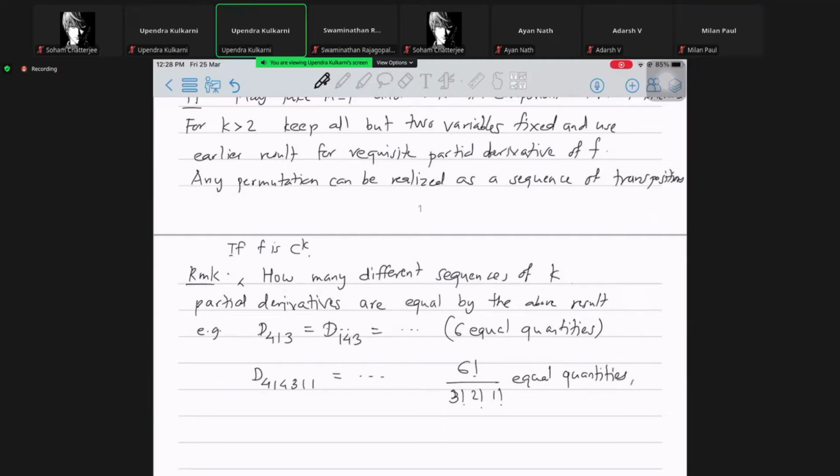But here's one more thing. I can write down what each is equal to, because I can write this in some kind of standard order. So I can say that this is really the same thing as D1, this operation applied 3 times, then D3 applied once and D4 applied twice, correct? Which is really, if you want to write, 1, 1, 1, 3, 4, 4.